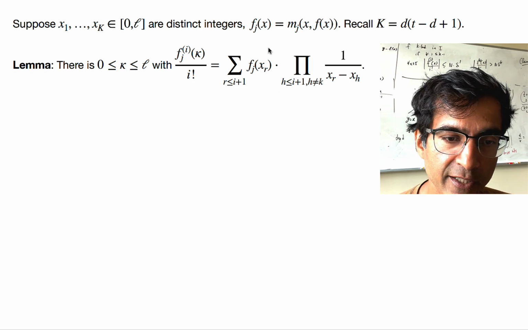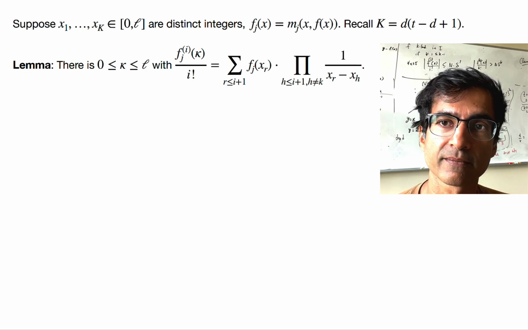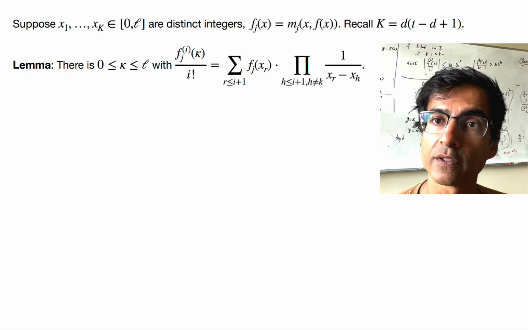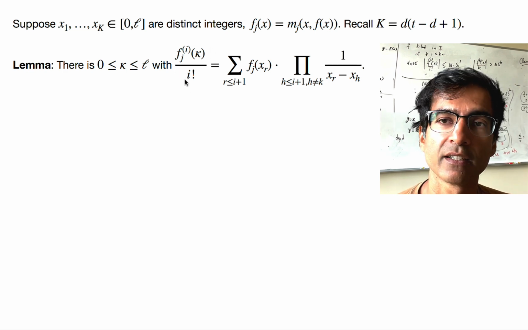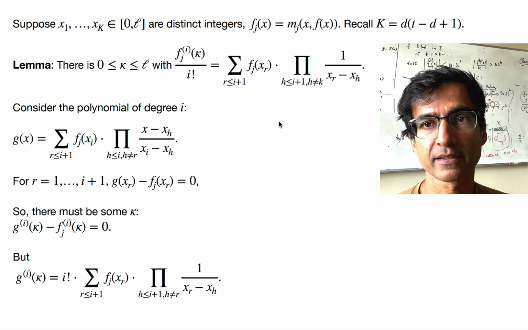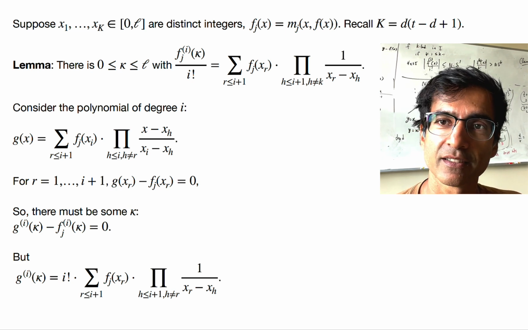Okay, so this is some linear combination of the values of f at the first i plus 1 points, and that's equal to an ith derivative of f_j. And this lemma is very nice, and it just uses some standard ideas.